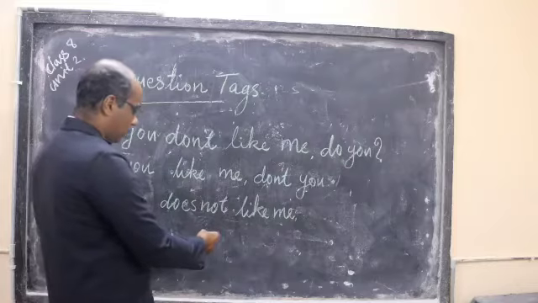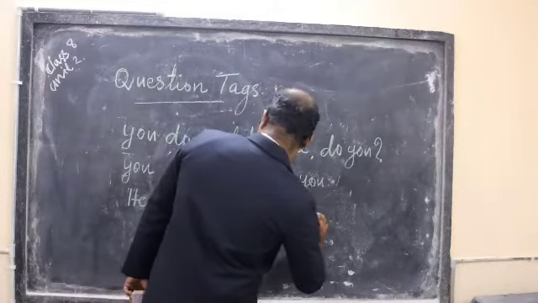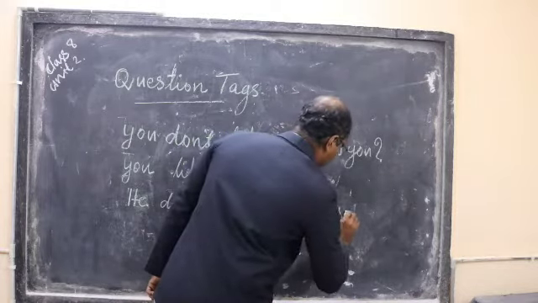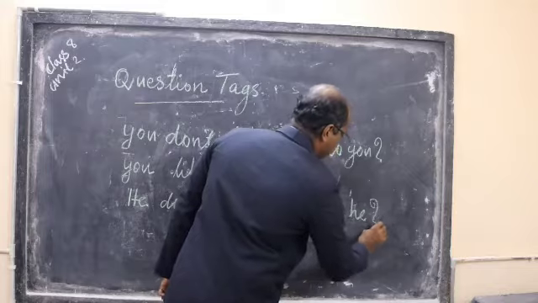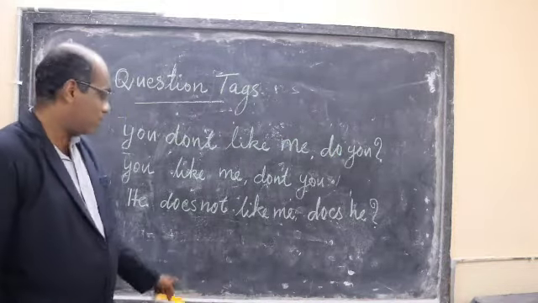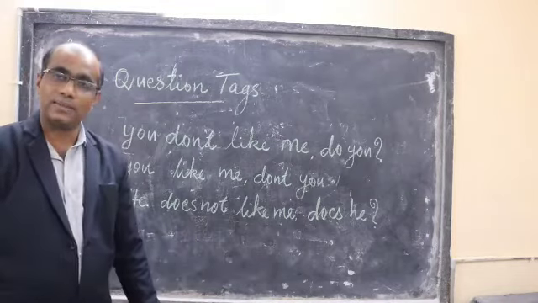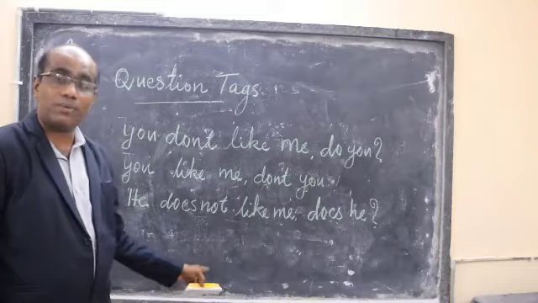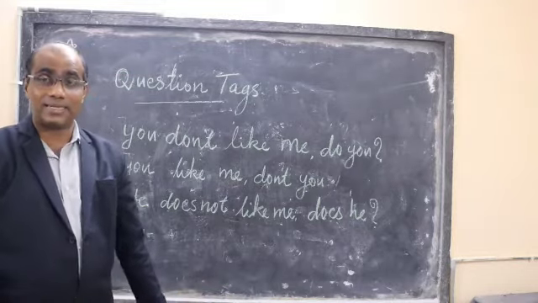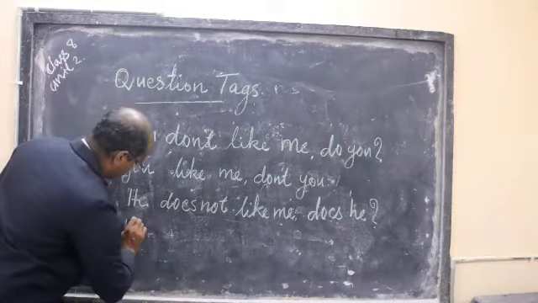This is the do you, and does he? So not do you. Does he? So the question tag will be does he? Because it is third person singular. He does not like me. Does he? Suppose it is negative, how will it be? Doesn't he? Okay, clear to you? So let us write that also.